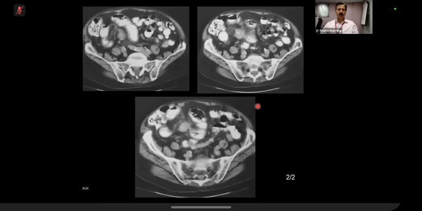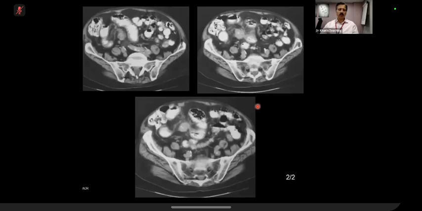If it is in the liver, it will be arterially enhancing and showing washout. And mesenteric lymph nodes, mesenteric metastasis might be larger. Very important point to remember. It might be larger than the primary lesion.